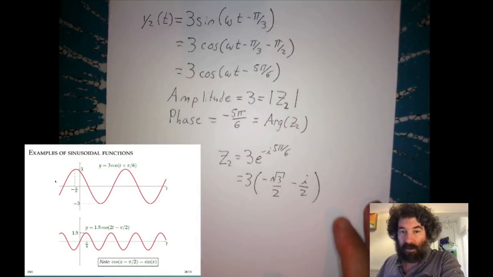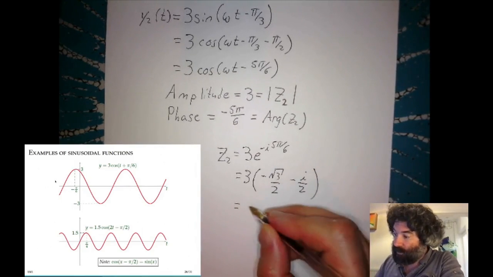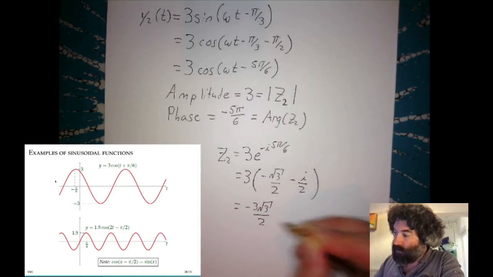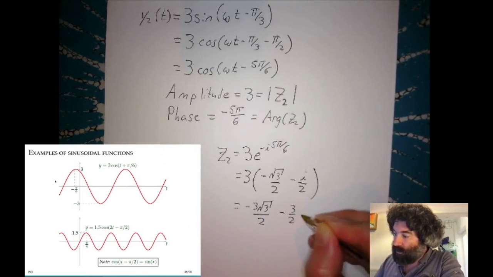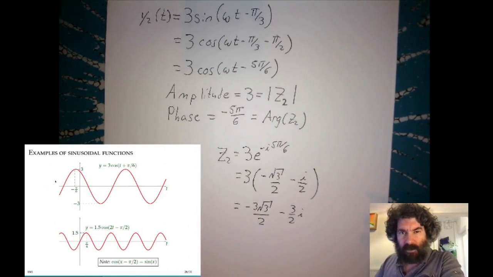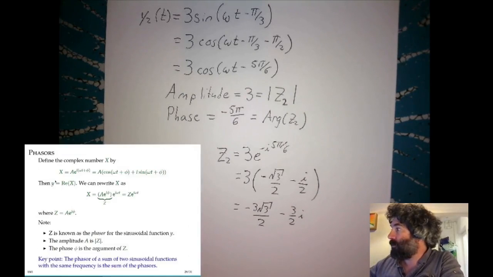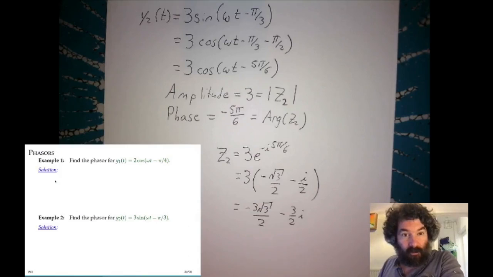And so we can now see the real and imaginary parts are negative 3 square root of 3 over 2 minus 3/2 i. Right? So this is the phasor for this second sinusoidal function, shown here, y2, 3 sine of omega t minus pi over 3.